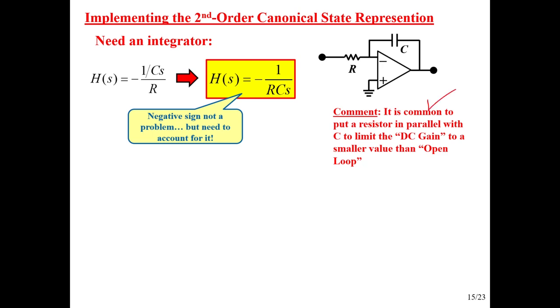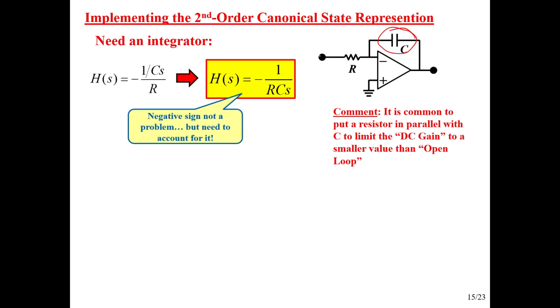One little comment in passing, this works for ideal op-amps, but real op-amps have some voltage offset at the inputs, and so that small DC offset will end up getting integrated by this capacitor, and it will grow without bound. Or another way to look at it is, at DC, the impedance of the capacitor is infinite.